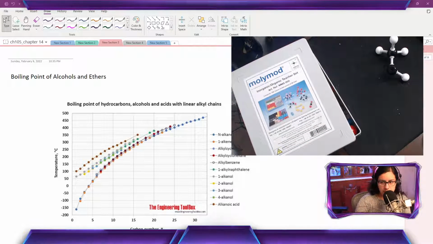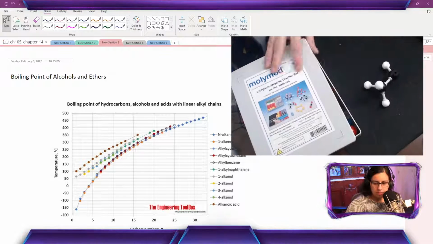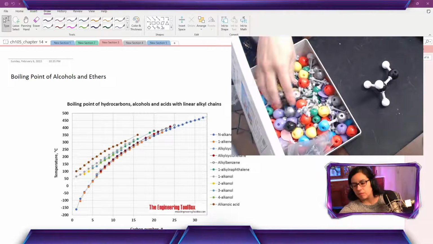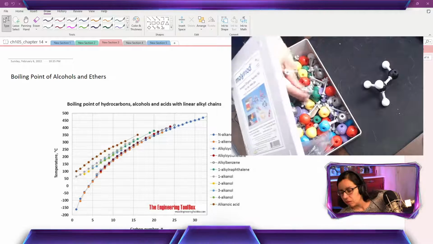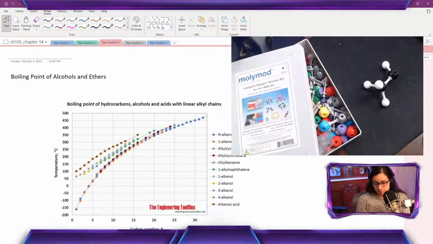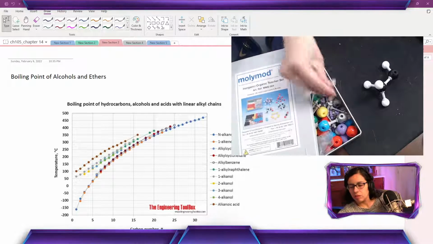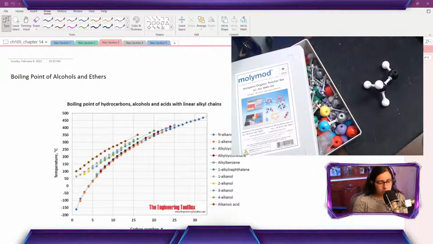I'm just trying to make ethanol right now. Where are my single bonds?